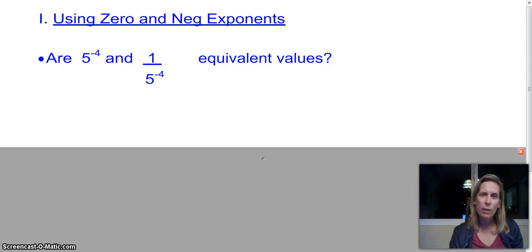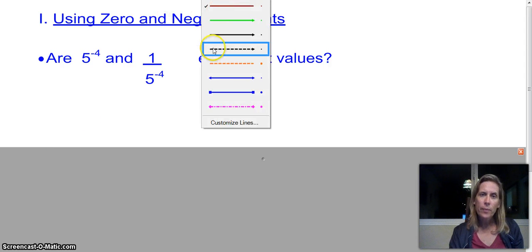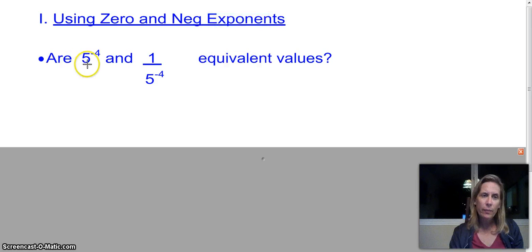Okay, 5 to the negative 4th, as you know, simply equals 1 over 5 to the 4th. Okay, so we move the base and the exponent to the inverse location, and now the negative drops off. We have 1 over 5 to the 4th.